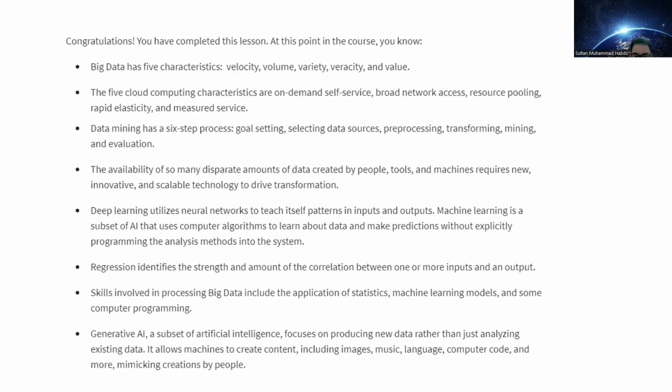Skills involved in the application of statistics and machine learning include linear regression, algebra, and calculus, as well as machine learning models and some computer programming. And generative AI is a subset of AI focused on analyzing and generating something with data that is non-existent, but has some similarity to data it has collected before, mimicking the creation of people to make those kinds of data.